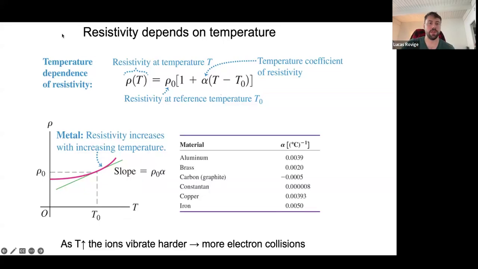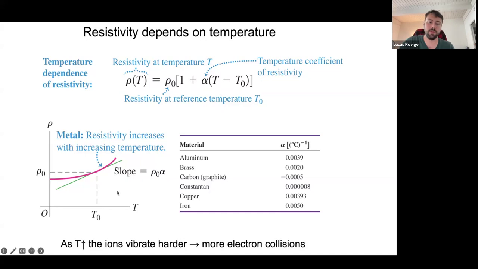And yeah, another point I wanted to highlight is that resistivity in material depends on the temperature. For instance, in conductors, especially in metallic conductors, the resistance is increasing with the temperature.